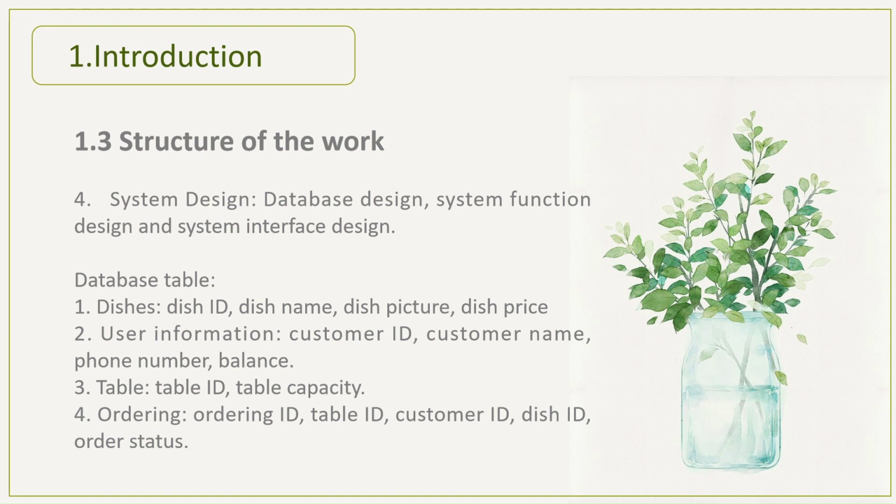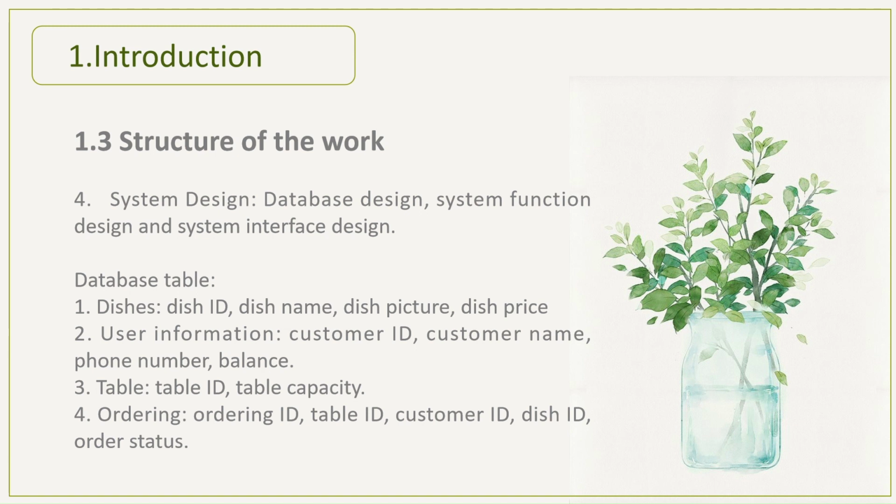The first one is dishes. It includes dish ID, dish name, dish picture, and dish price. The second table is about users. It includes the customer ID, customer name, phone number, and balance.